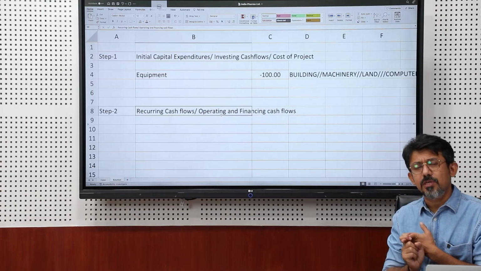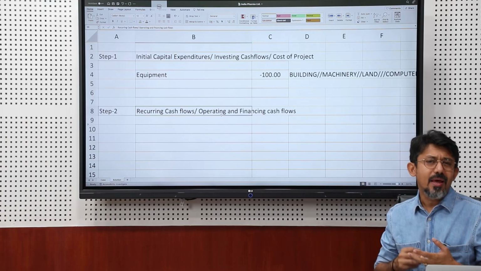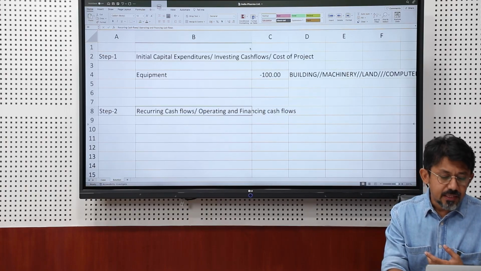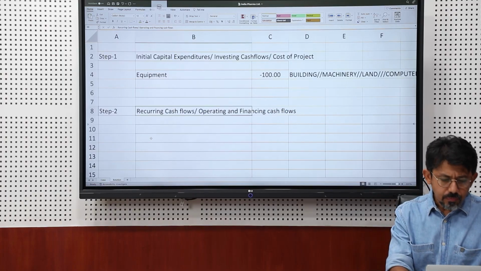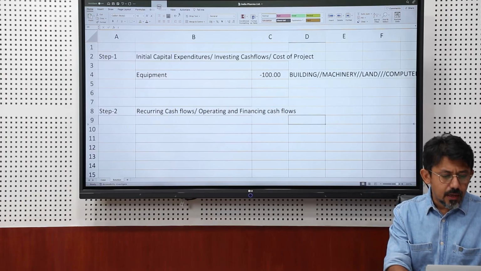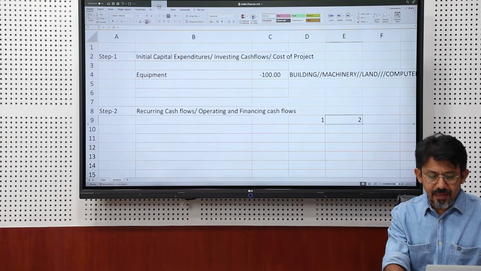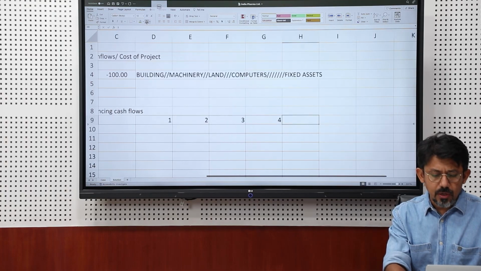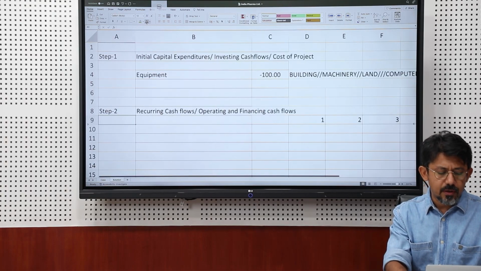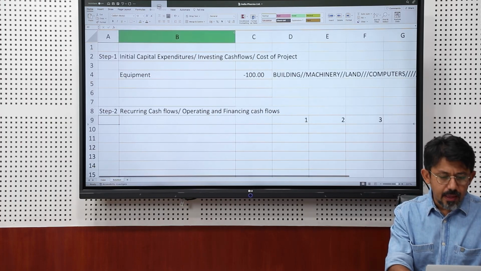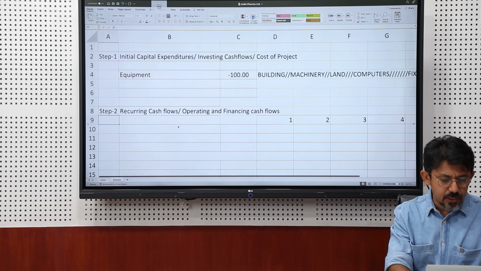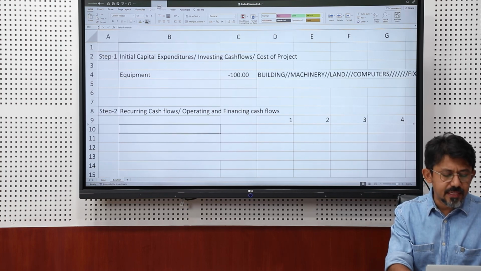So, those cash flows which are associated with your operating decision and with your financing decision, these are cash flows which are associated with your investing decision. These cash flows are spread across 5 years in the future. So, I am looking at a 5-year analysis over here, and I start my cash flow calculation with sales revenue.